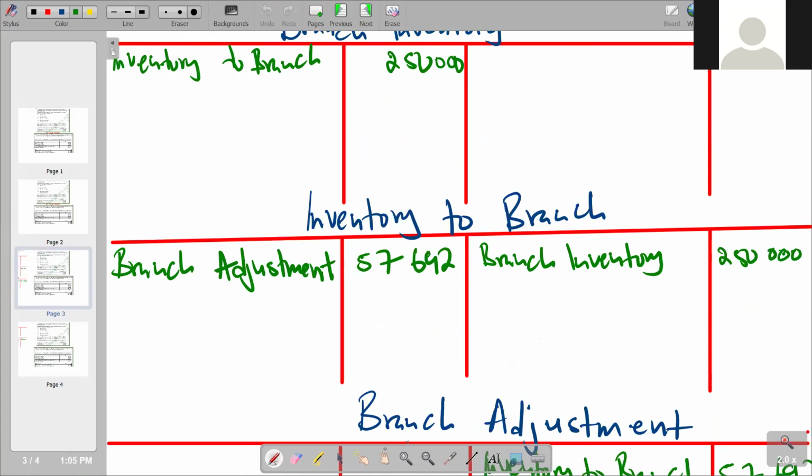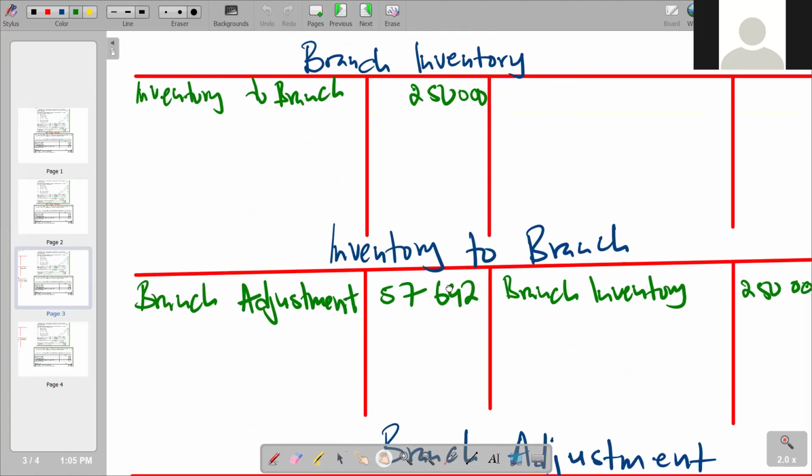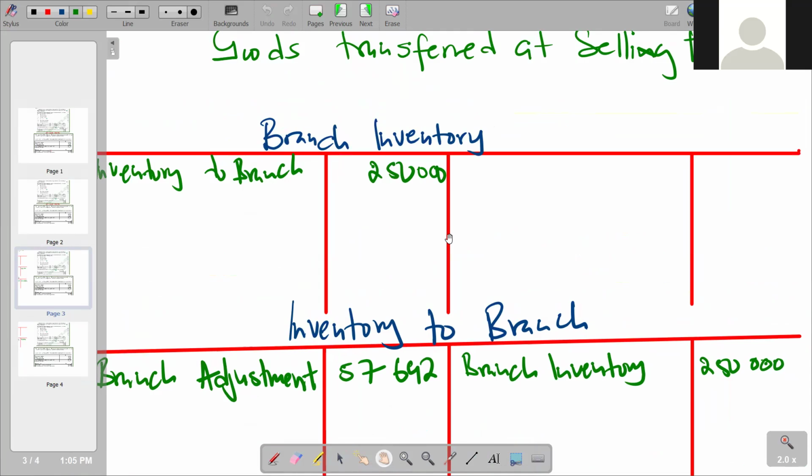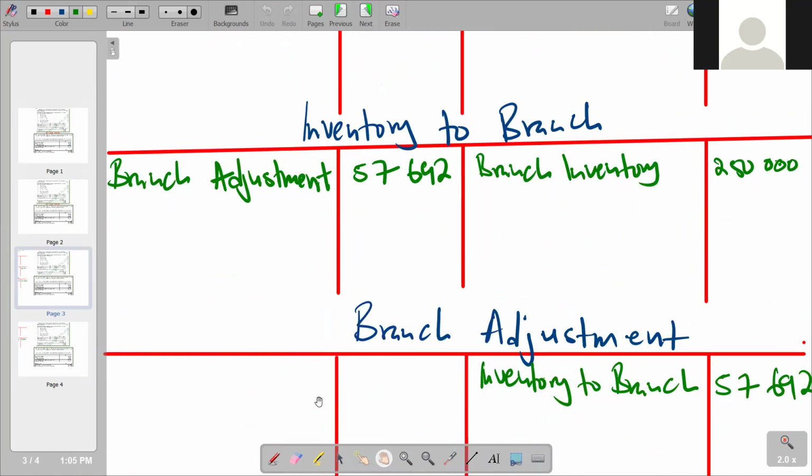If they are being transferred at sale price, they are being returned at sale price. You credit branch inventory at sale price and debit inventory to branch at sale price. Then you make the markup double entry, whereby you are now crediting inventory to branch at markup, and then you debit branch adjustment at markup. So that is exactly how we are going to treat these adjustments.